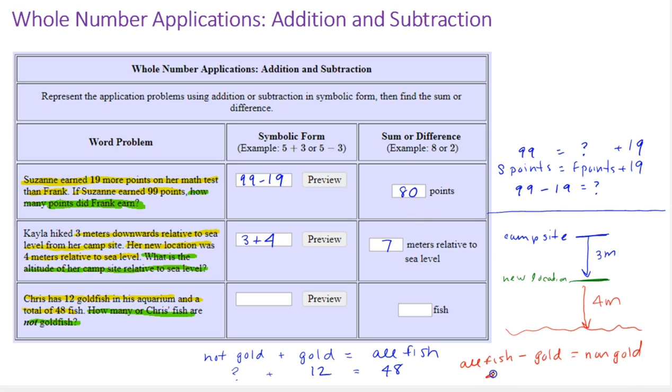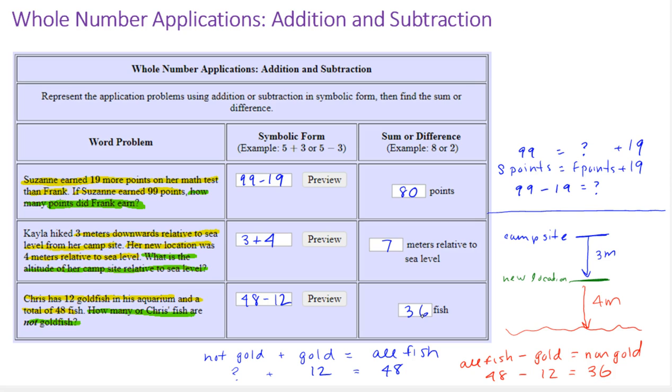Okay, so this is 48 minus 12, and that result is 36. So in our box here, we'll write all of the fish minus the fish that are gold gives us the result of the fish that are not gold.